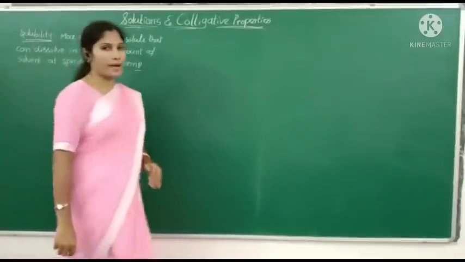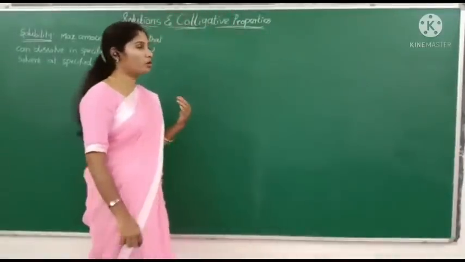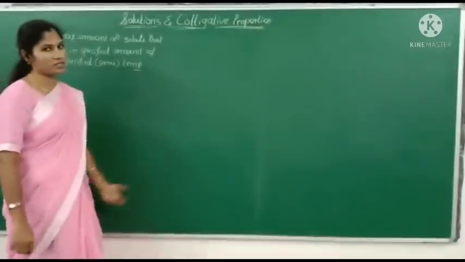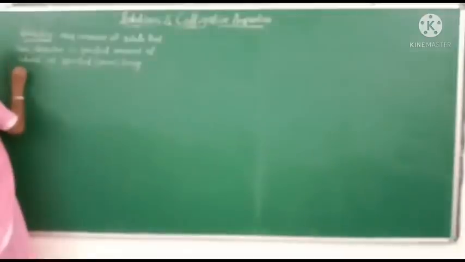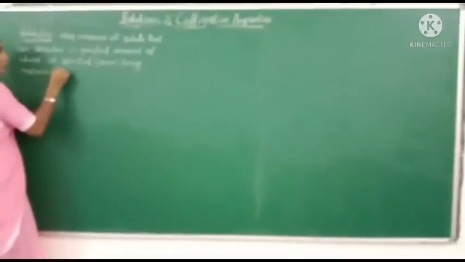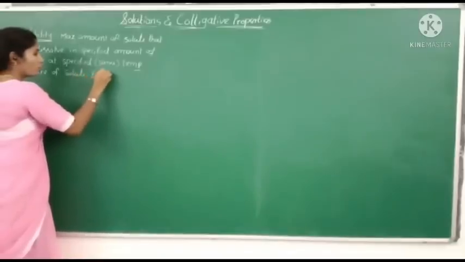Solubility is nothing but the maximum amount of solute that can dissolve in a specified amount of solvent at a specified temperature, and it is called solubility. Here solubility can be affected by three factors. The first one is nature of solute and solvent.